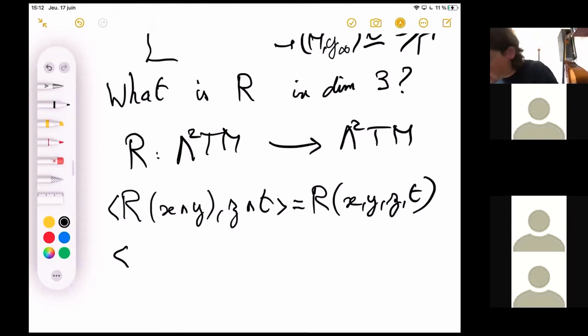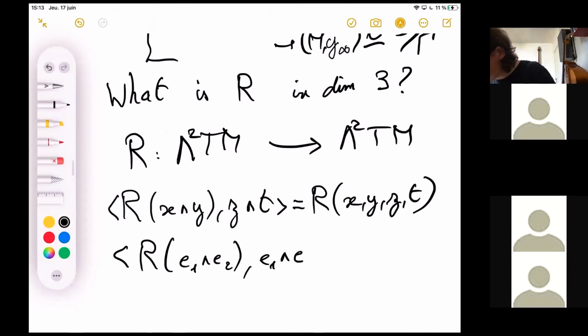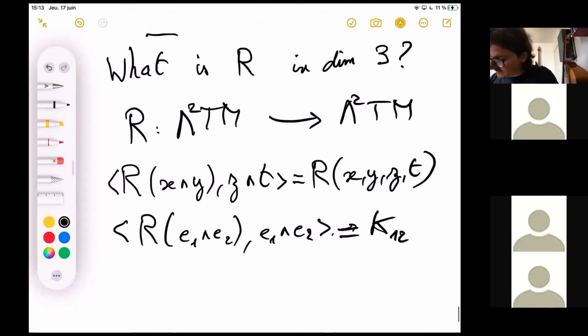In particular, the inner product of R(E1∧E2) with E1∧E2 is just the sectional curvature of the plane generated by E1 and E2. So E1∧E2, E2∧E3, and so on.